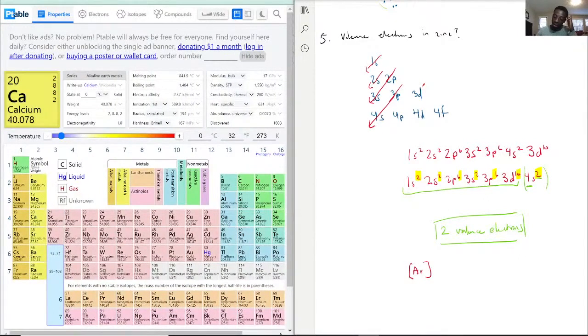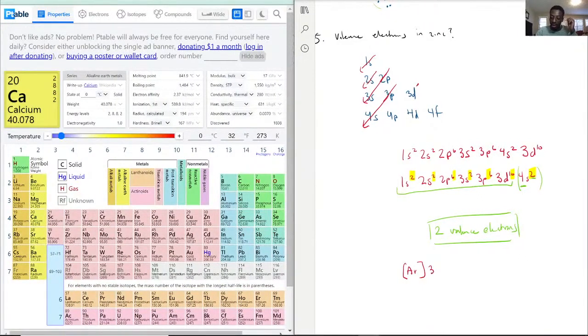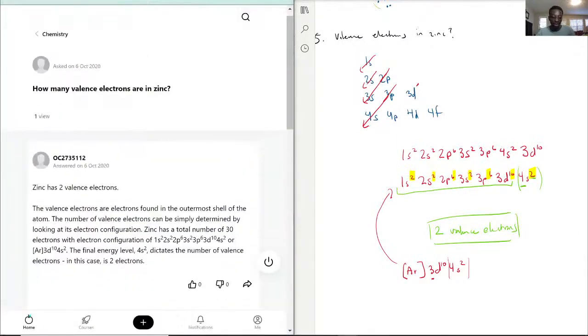I like to make sure the 3 comes before the 4, so it'll be 3d10 4s2. This is the same thing, just a noble gas shorthand configuration. I do this because it gives me an easier time visualizing my outer shell. Although we still have the 3 here, the important thing is that this 4 is in the shell that comes after. So yes, 2 valence electrons.